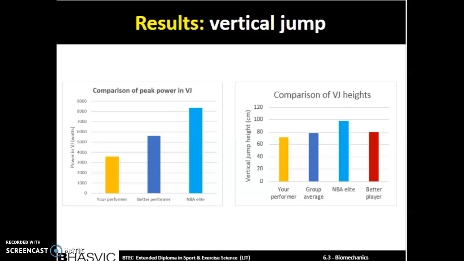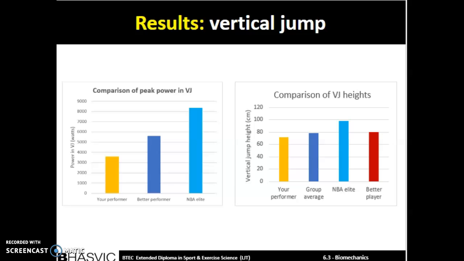On the right hand graph we have the comparison of the vertical jump heights, where my performer got around 71 centimeters, the group average was around 79, the NBA elite player got around 98, and the better player got around 80 centimeters.